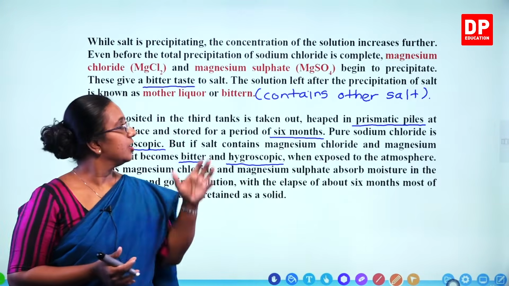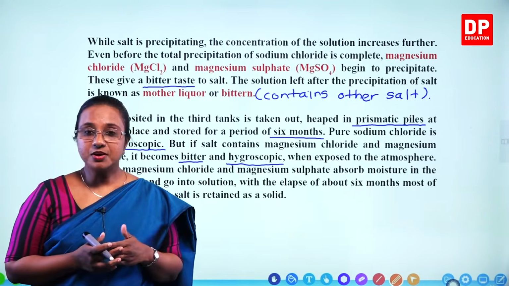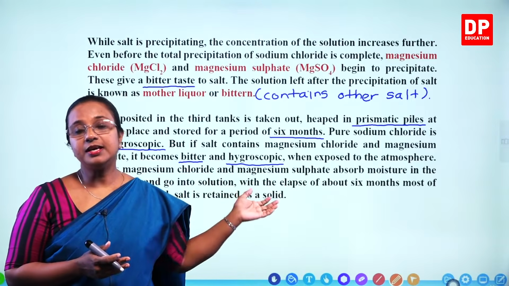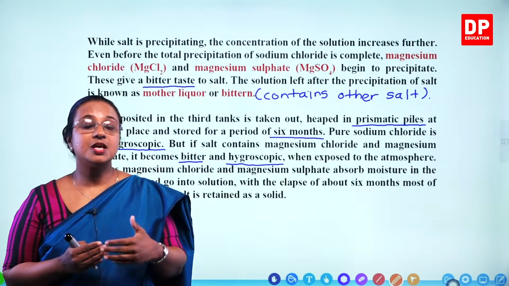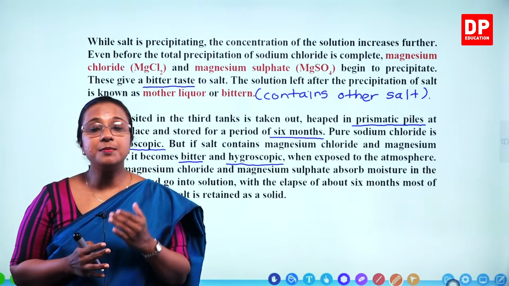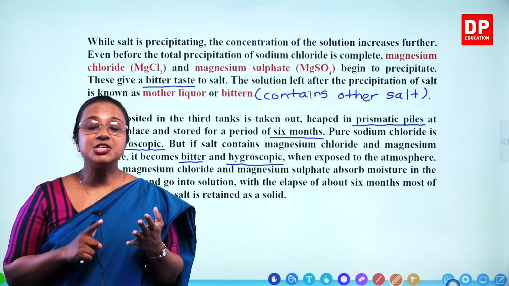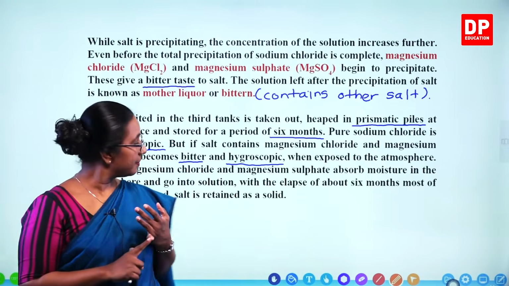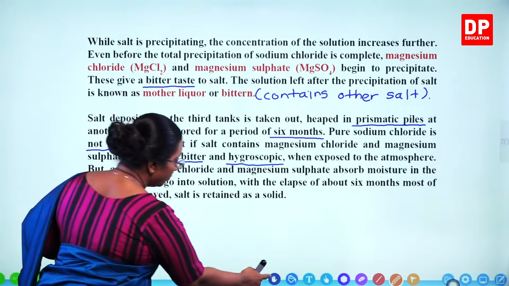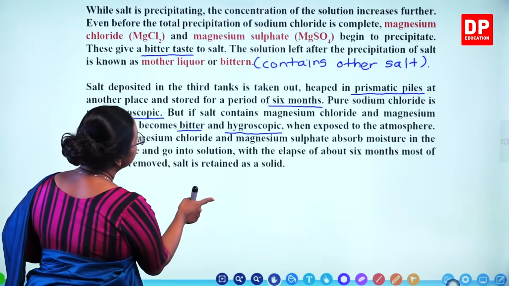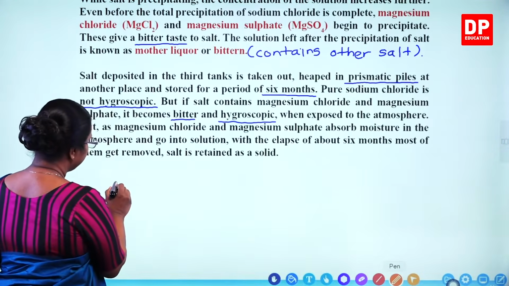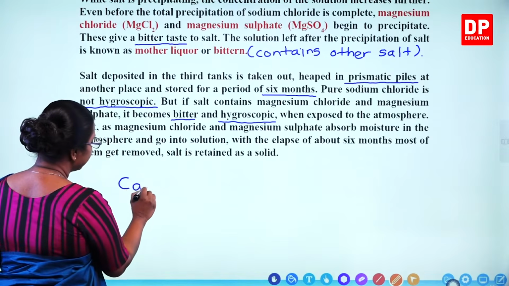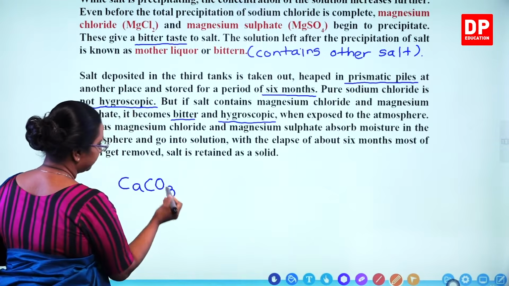Okay, students. So, in this process of producing salt in the salterns, there were different stages where different compounds precipitated. Initially, it was calcium carbonate, and then we saw that it was calcium sulfate. So, if you remember, initially calcium carbonate precipitated.